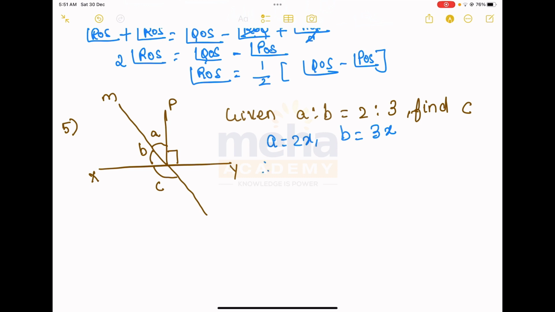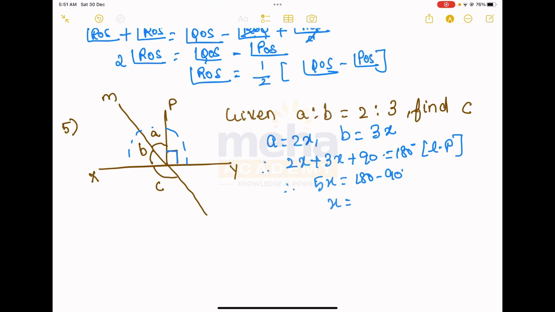So therefore, 2x plus 3x plus the 90 degree, all this full angle gives us 180 degree. The basic concept, angle sum. Therefore, 5x is equal to 180 minus 90 degree. So x is equal to 90 over 5. That would be 18 degree. So x is equal to 18.